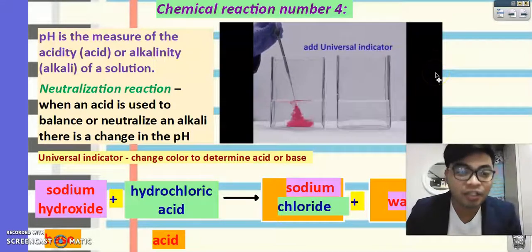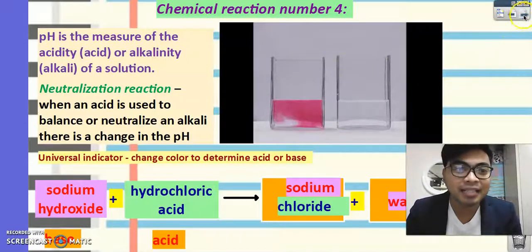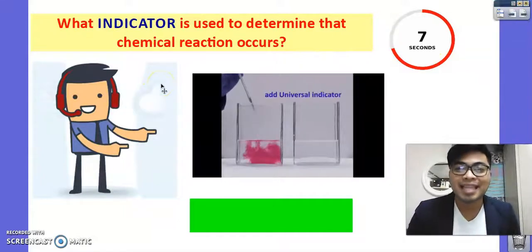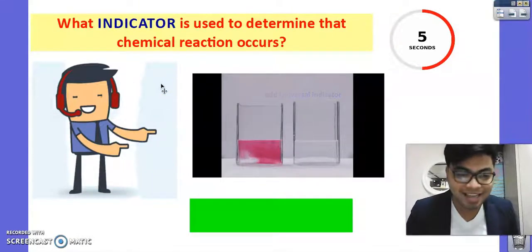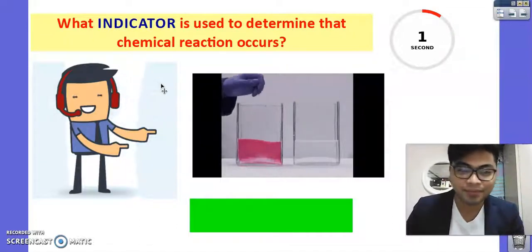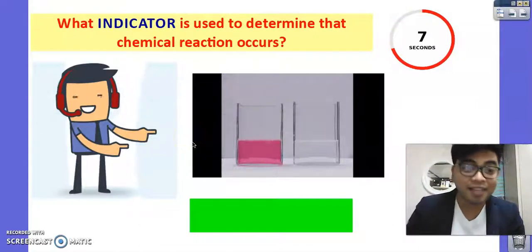It changes to 7. So my question here is, what indicator is used to determine that a chemical reaction is taking place in here? You have the answer?